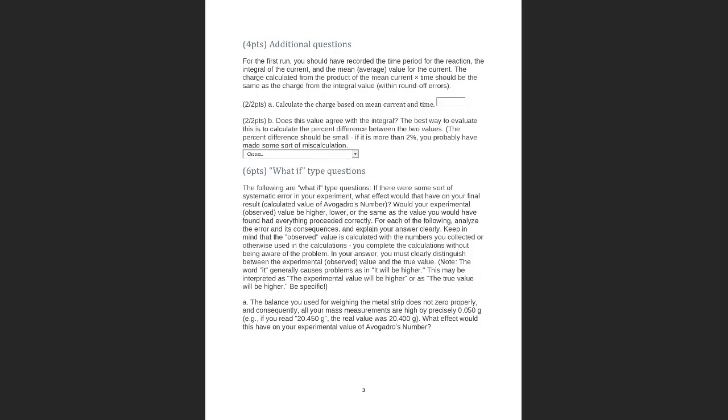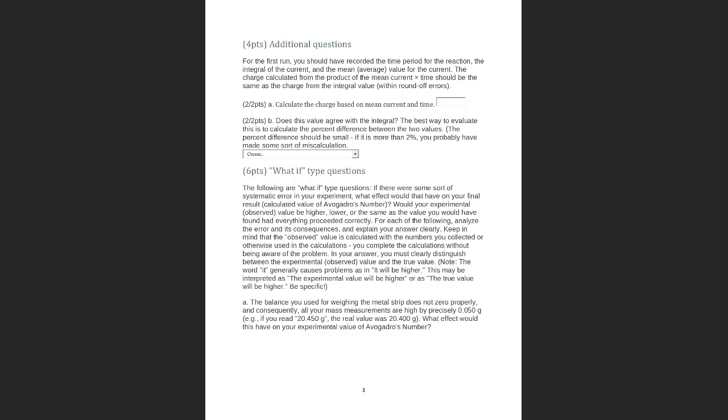What effect would this have on your experimental value of the Avogadro number? Think about it. When do you use the mass? Do you use the absolute mass or the mass change? Do you think it's going to change the Avogadro number value?